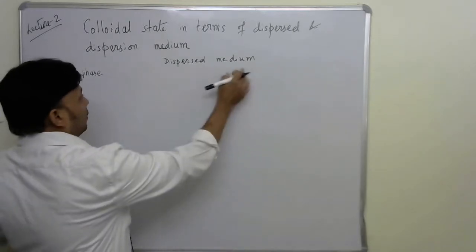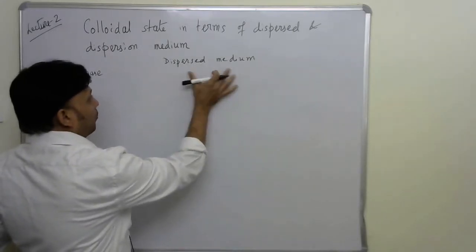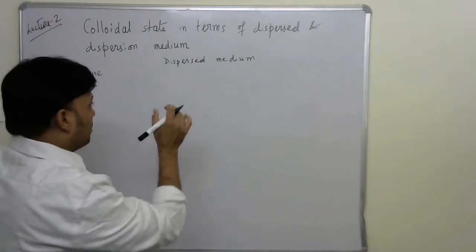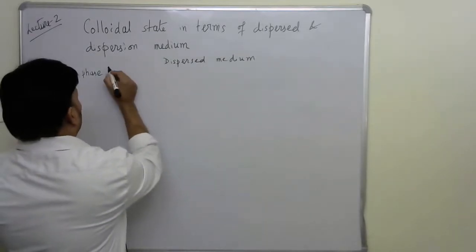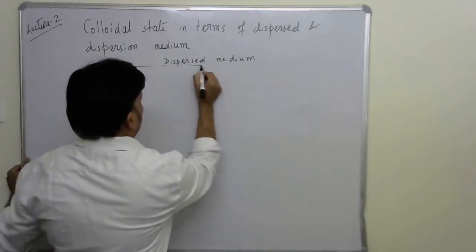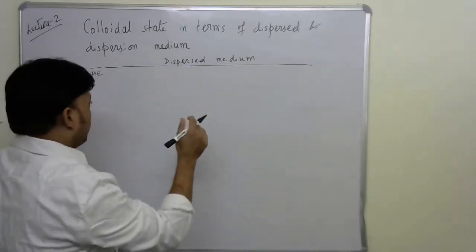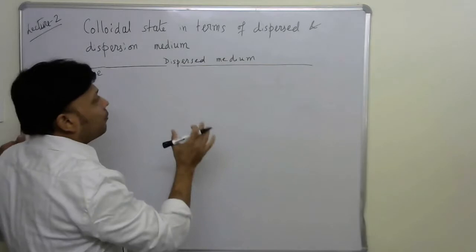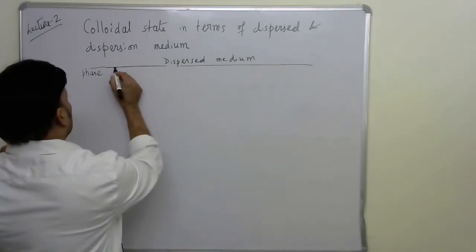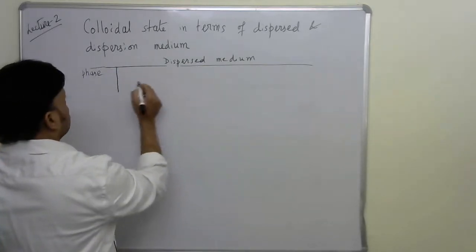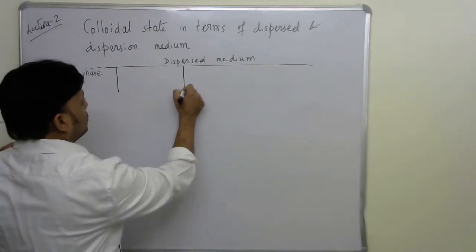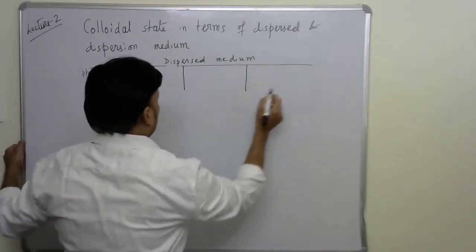On the top, I'm writing the dispersed medium, and this dispersed medium can be of 3 types, or rather, there could be 3 phases of the dispersed medium. So I'm going to write the names of the phases here.